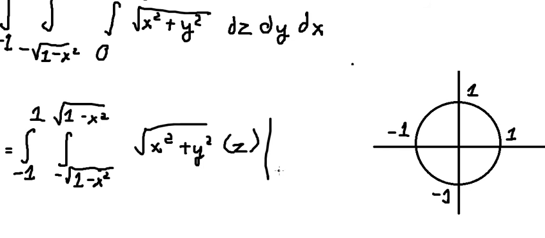And we put the bounds from 0 to 2 times the square root of x squared plus y squared, with dy dx.